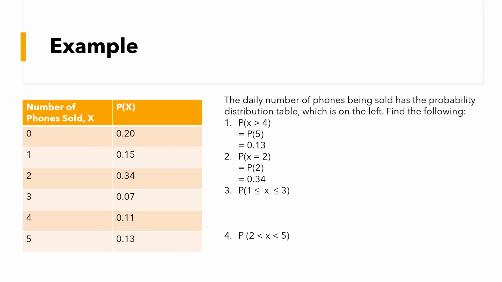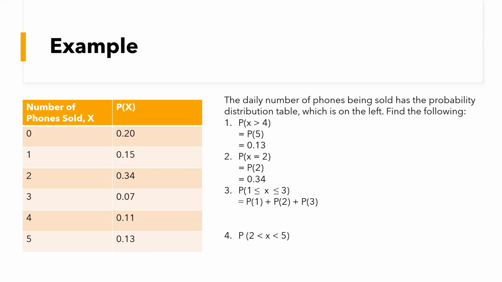Then how about p of 1, which is less than or equal to x, which is less than or equal to 3. We need to consider values which are between 1 and 3. However, we have to consider 1 and 3 as well because x is equal to both numbers. So we have to consider P of 1 plus P of 2 plus P of 3.